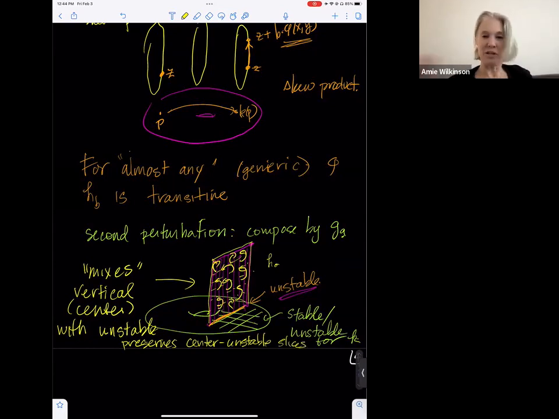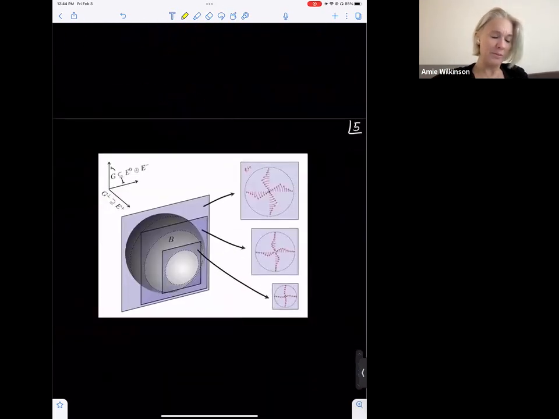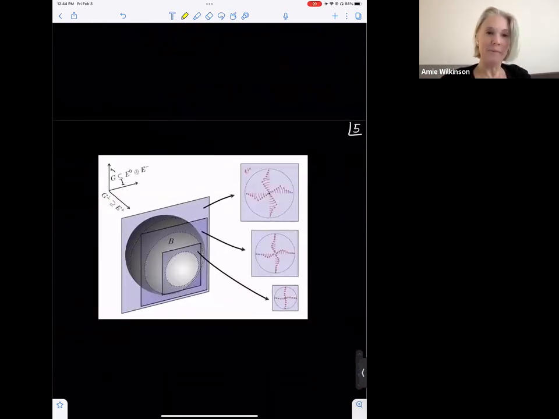And actually, let me show you a picture, because the actual form of the map is not really important. Let me show you a picture from a paper. This is from a paper I wrote with Artur Avila and Sylvain Crovisier on what seems to be a completely different subject, but we use the same type of perturbation.